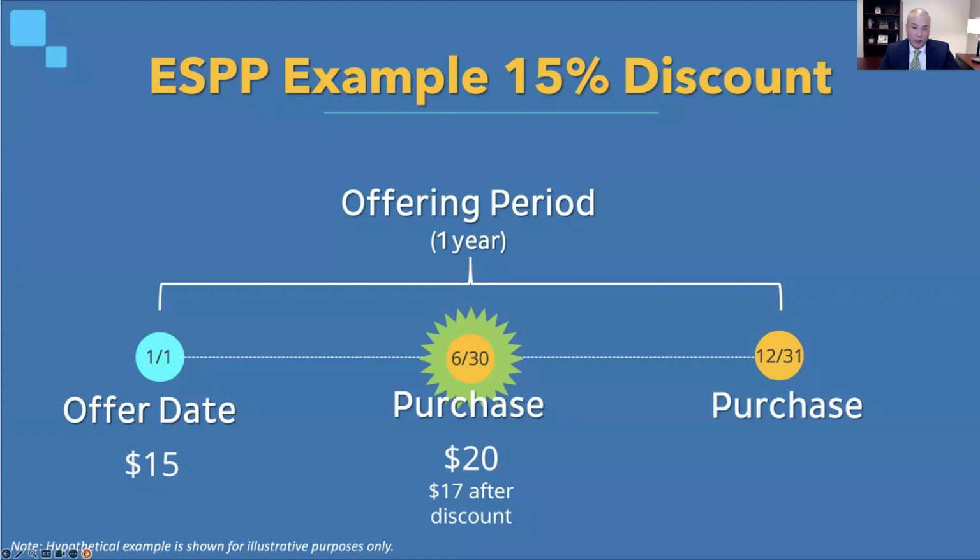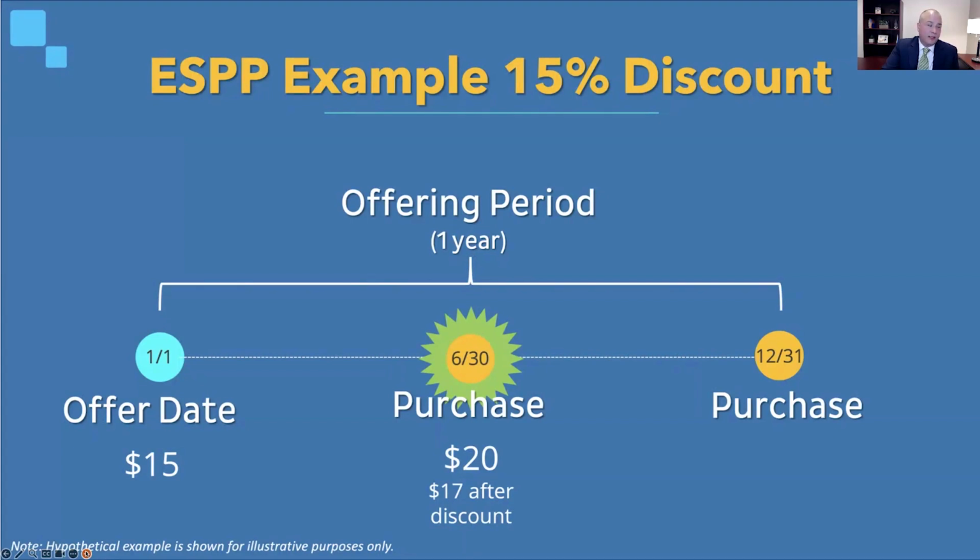You can see the fair market value, or the going price of the stock, is currently $20 a share, but you'd be allowed to buy these shares at $17 a share. So with the 15% discount, $20 per share turns into $17. You're automatically getting a 15% return. So that's a nice benefit. It can be a nice benefit for people to add to their compensation, but it does get better even.